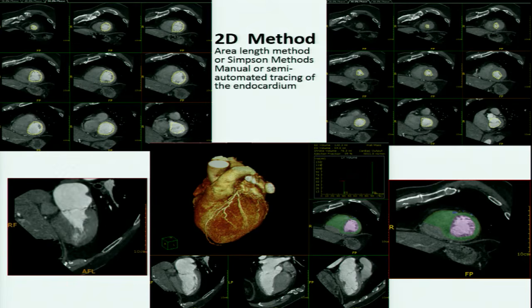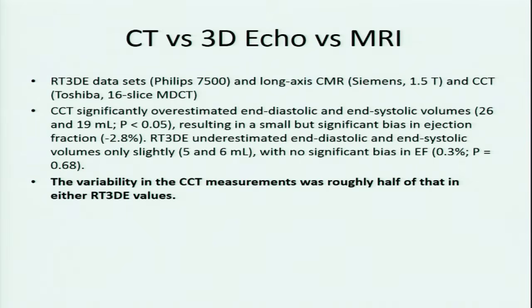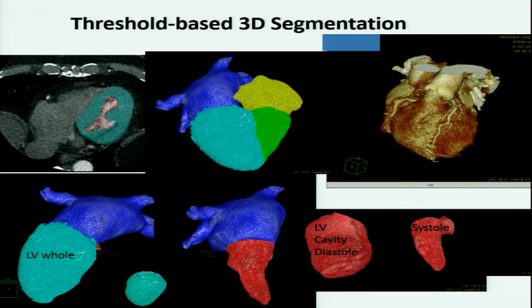So how do we calculate volume and EF? The 2D method is very simple. It's very similar to MRI. You either use the area-length method or the Simpson method. And the correlation we talked about, I'm not going to repeat, as Dr. Shah already mentioned.